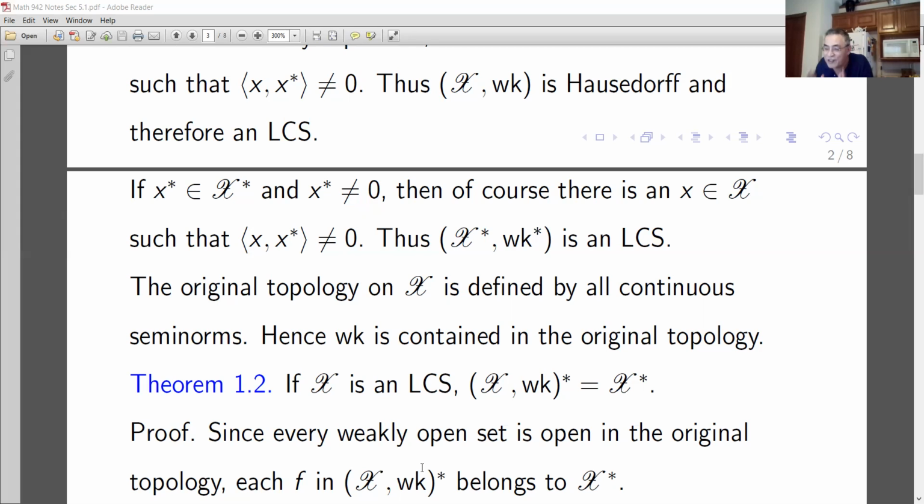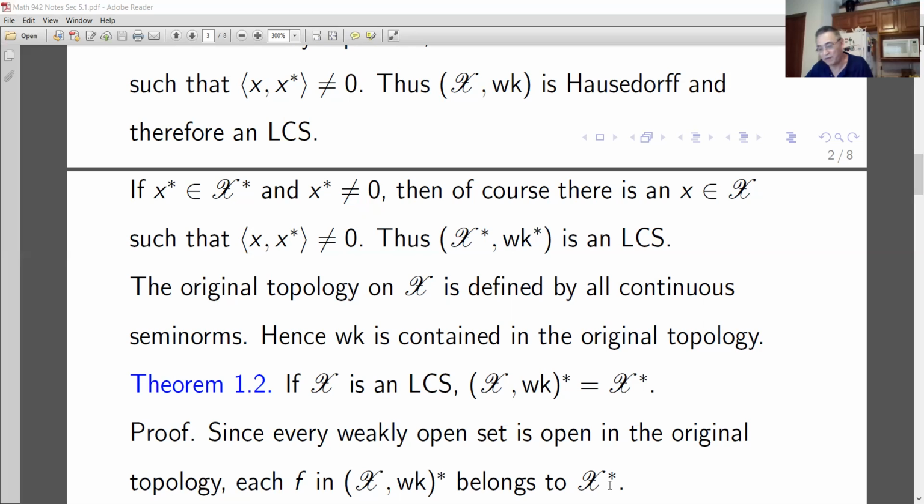So if it satisfies this more demanding condition, then it must satisfy the less demanding one. So each f in this set belongs to X star.